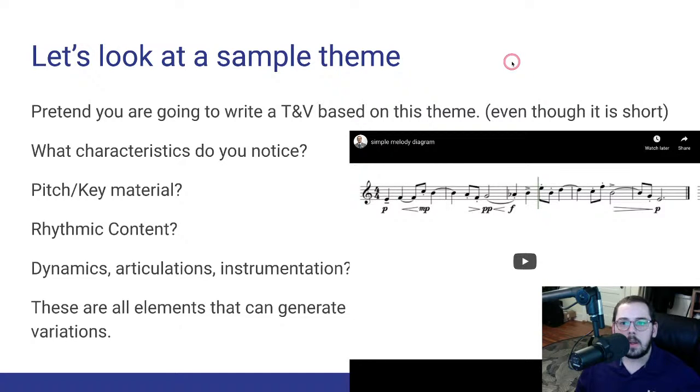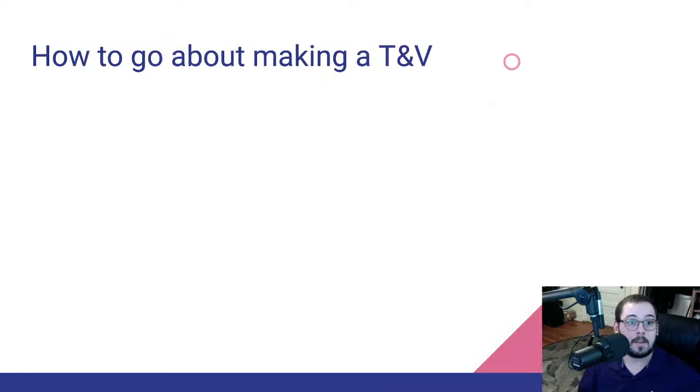This particular one is kind of an E Phrygian-esque presentation. So how would you potentially change that up moving forward in a variation? Would you change the mode, change the key, or the main tonic? What can you do? The limits are non-existent.